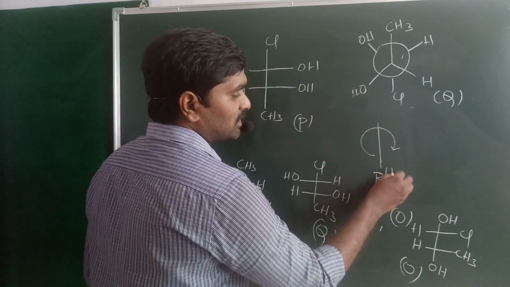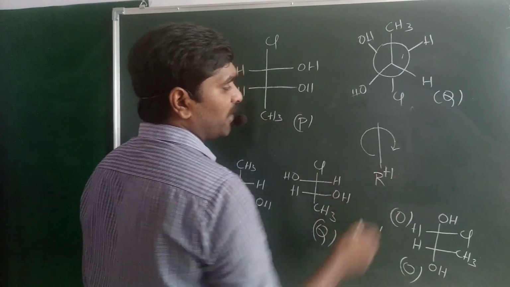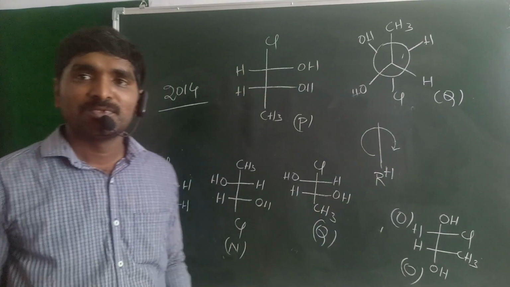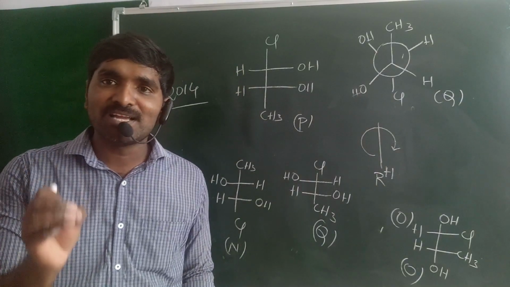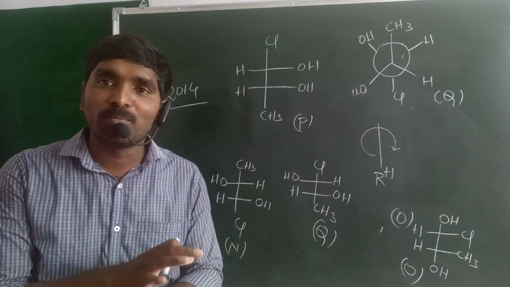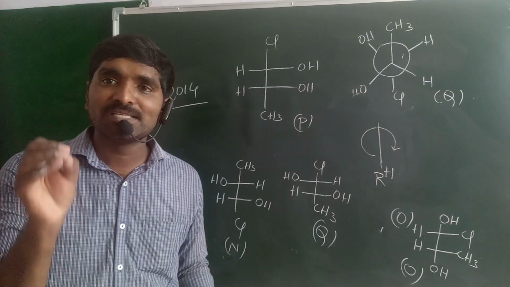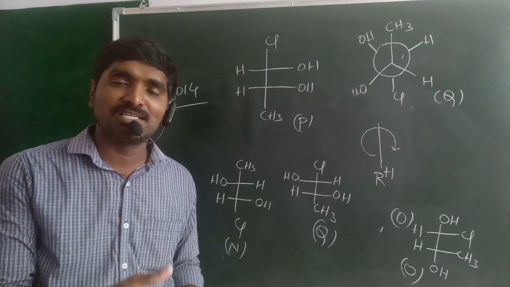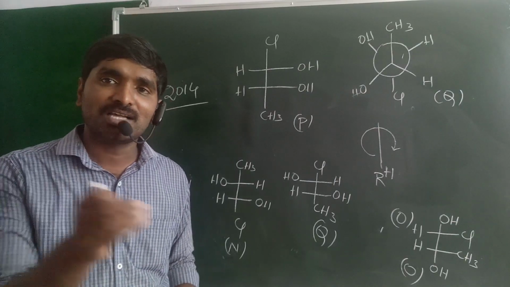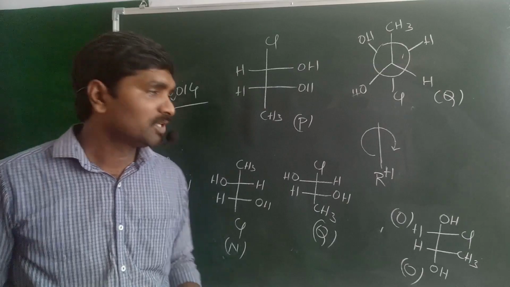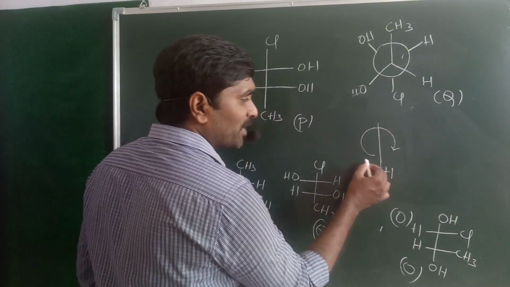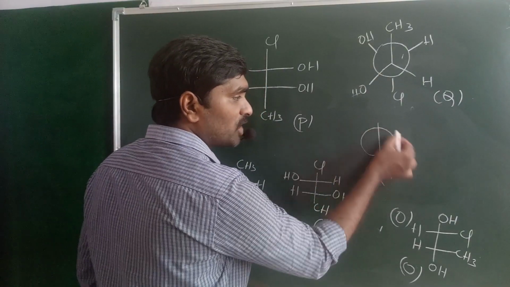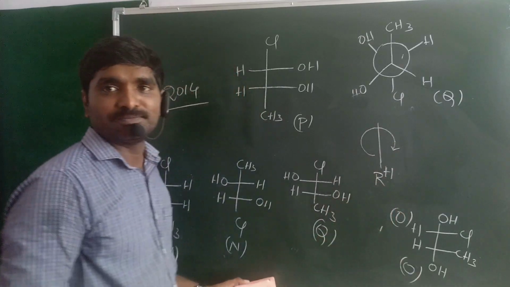For example, I'll just take the hydrogen as the least priority group. Priority is based on the atomic numbers, not on mass. When I take oxygen and nitrogen, oxygen is 8, nitrogen is 7. Oxygen has more priority. So least priority group present on vertical line, remaining 3 groups clockwise, which is R configuration.